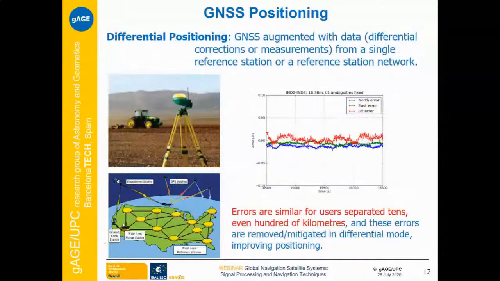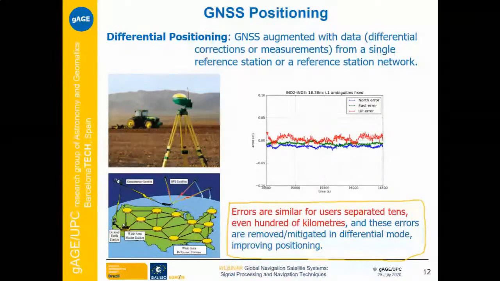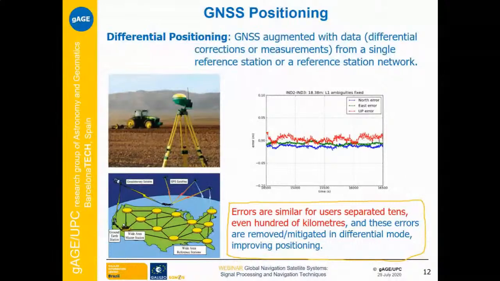We have already seen this slide, but now let's analyze the idea. The errors that we have seen in the previous slides that are affecting GNSS, no matter if it's standalone or differential, those errors are always present.